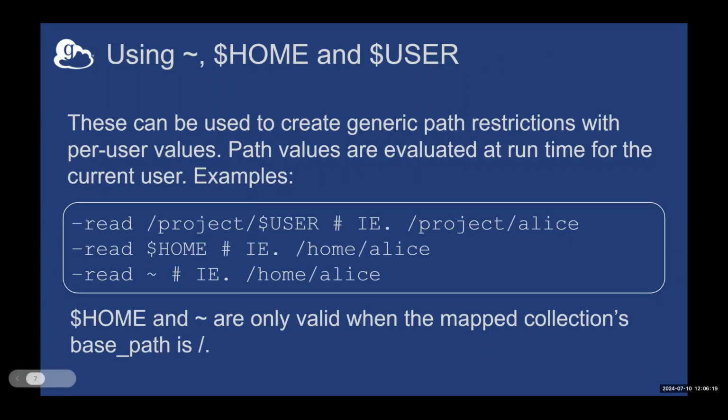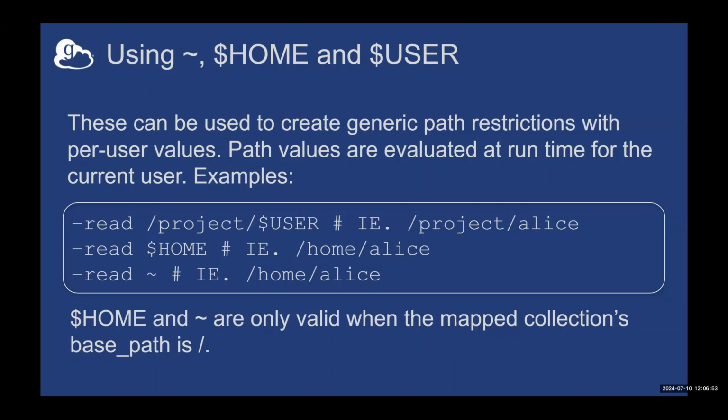All right. So there are three variable substitutions that are performed at runtime when we're applying sharing policies to decide what users of map collections can share or not. You can make use of these three variables to generalize pathing values. Those three variables are $user, tilde, and $home. $user, looking at the example box here, will be substituted with the current map collection user's local username.